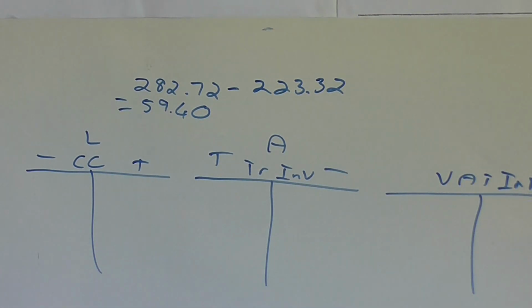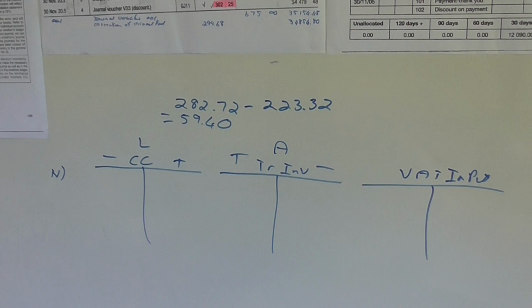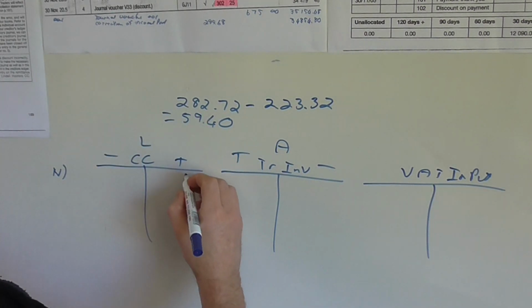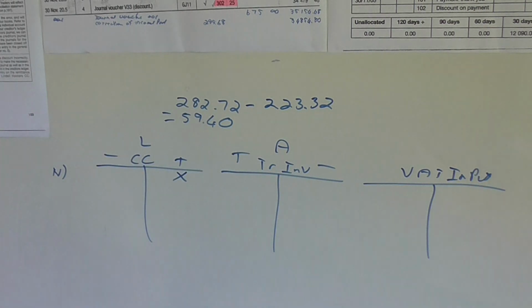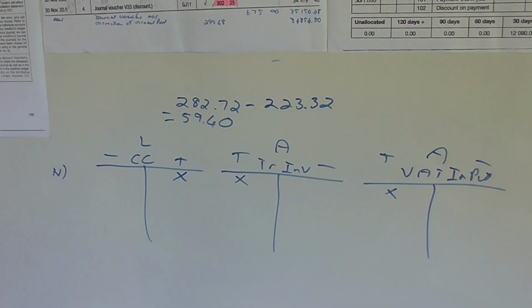Our normal transaction, you would credit your creditors control. Trading inventory will get debited, and your VAT input will also be debited.